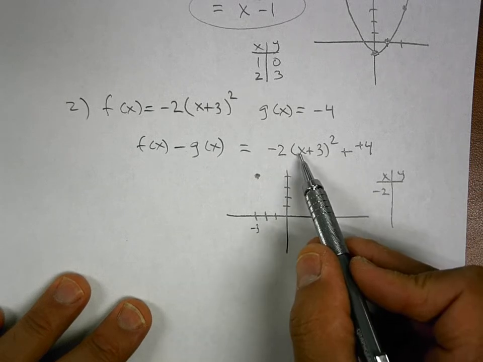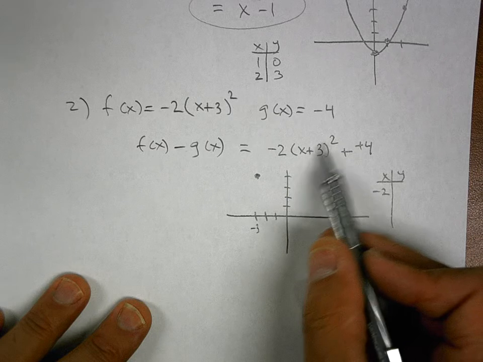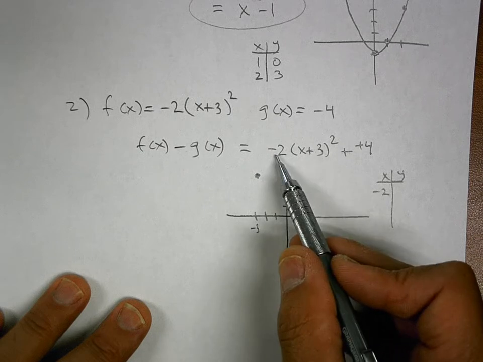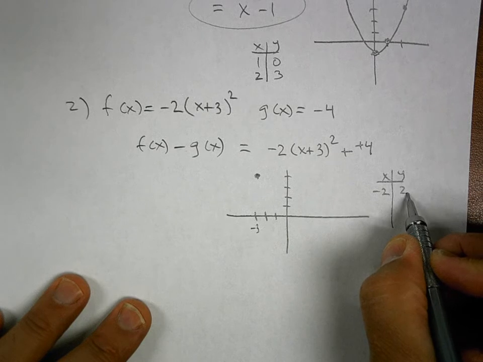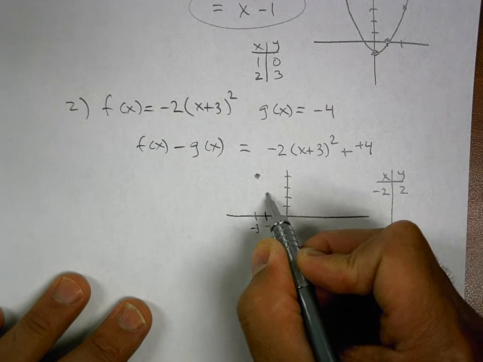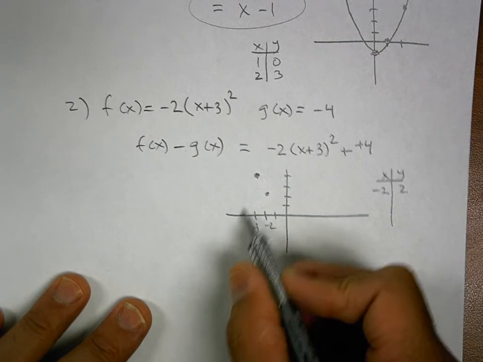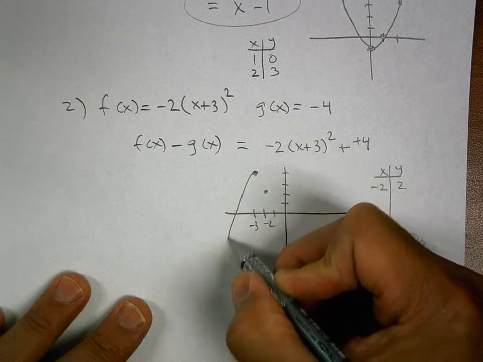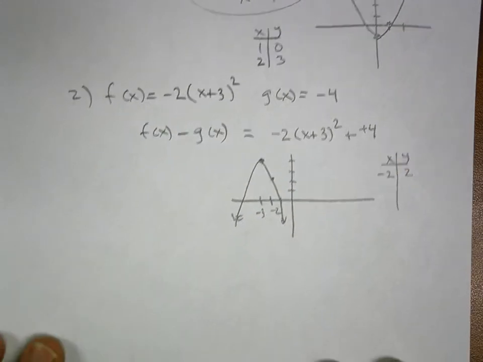Most of you can do this in your head. Negative 2 plus 3 is 1, squared is 1, times negative 2 is negative 2, plus 4 is 2. So that's what you plot: negative 2, comma 2. We could also pick negative 4, which would probably be at 2, but let's just go with that. Okay, there's our graph.